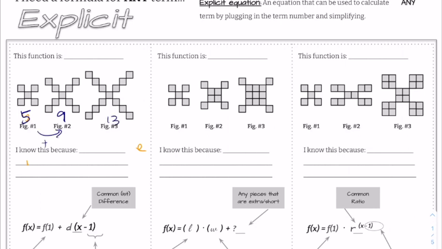So notice we're going up by 4 and up by 4. Or the part that's changing is that I've got these 4 extra, these 4 extra. Okay? So we know that this is linear because it adds the same amount each time.